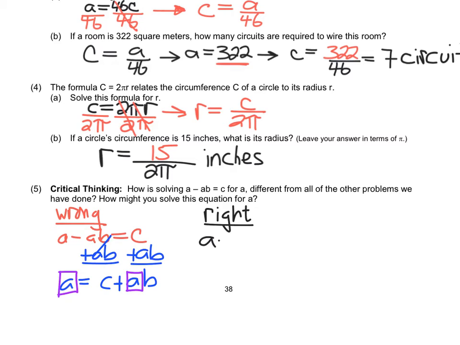So we have a minus ab equals c. Well, I have two a's, one here, one here. This is the result of a property. So somebody applied a property to an expression and got this as a result. You know what that property was?